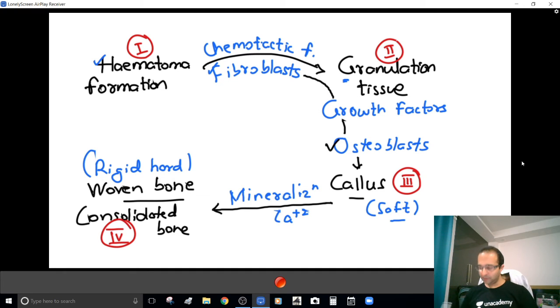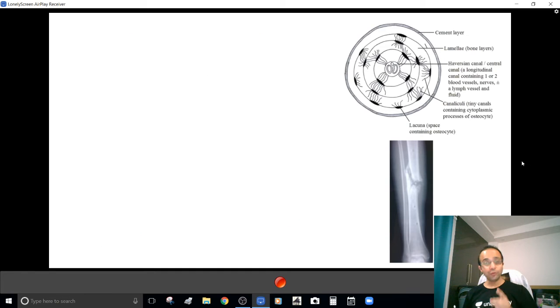A bone is basically a combination of calcium with collagen. That is what makes up the bone, collagen with calcium. So apart from calcium in woven bone, you will have collagen. And what will be the pattern of collagen in woven bone? Everything is there in the name. Interwoven means haphazard. But I hope you remember when you used to draw a diagram of a bone, you used to draw the collagen in layers, and these layers you would call lamellae.